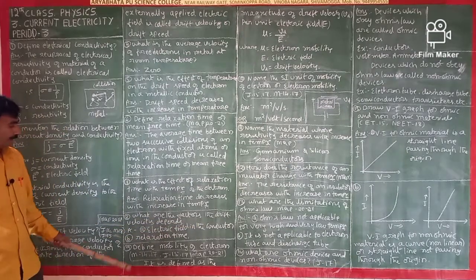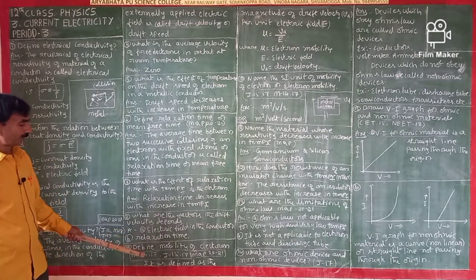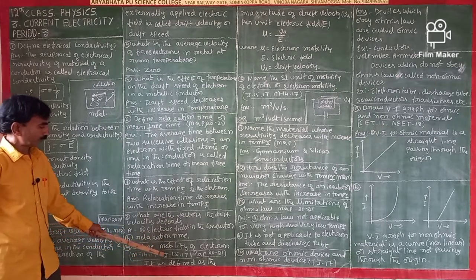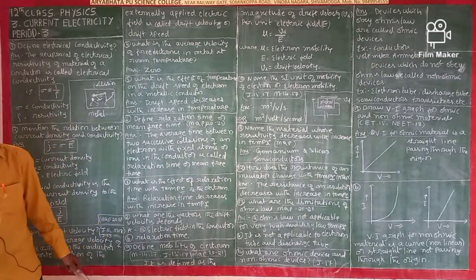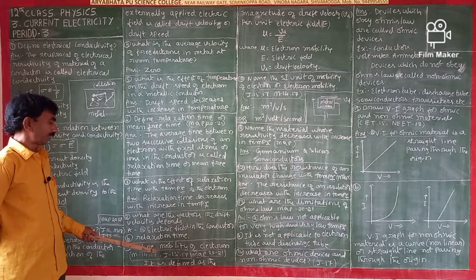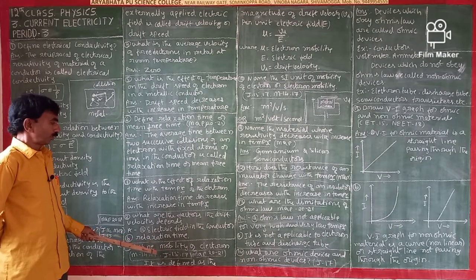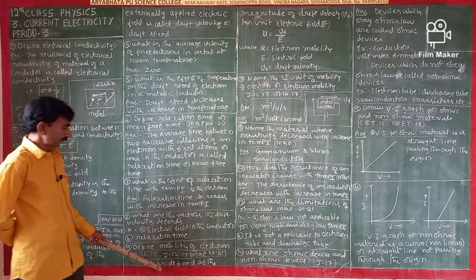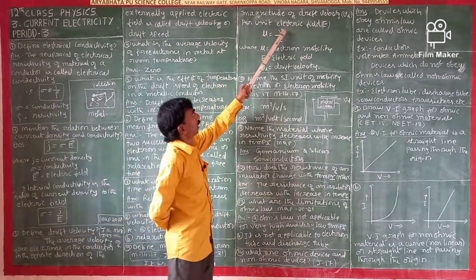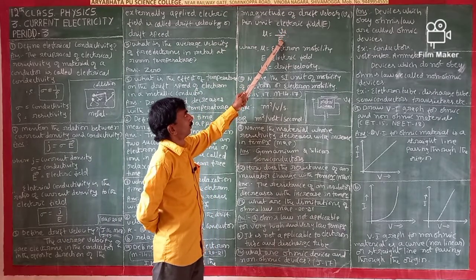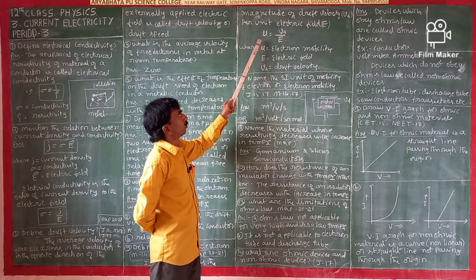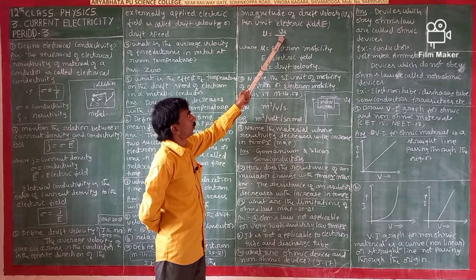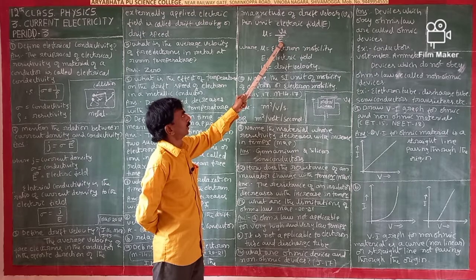Next, define mobility of the electron, which is very, very important. It appeared in March 14, 17, July 15, 17 and the model question paper 2021. It is a repeatedly asked question, so note it down.